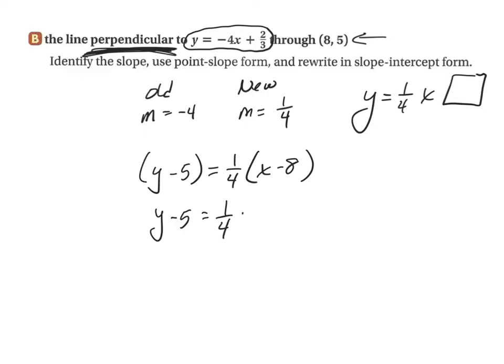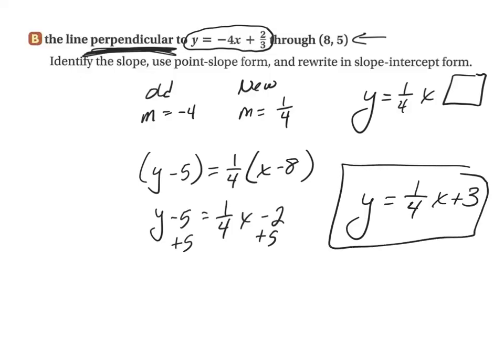That comes 1/4 x. 1/4 times -8 is -2. My last step is to add the 5 to both sides, and I get y equals 1/4 x plus 3. And there's the line that is perpendicular to our line up here and goes through 8, 5. And that completes today's lesson.